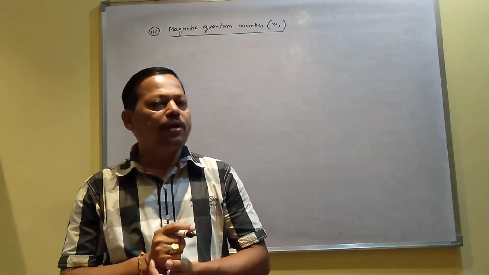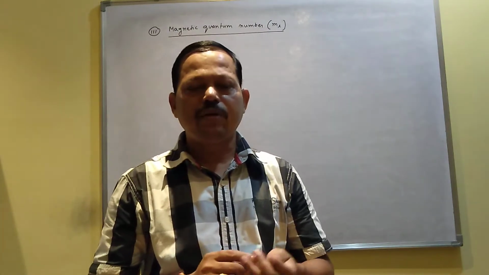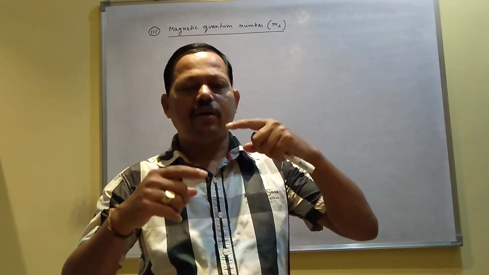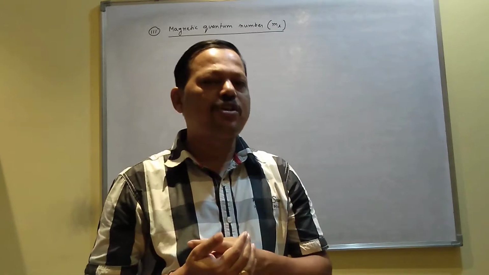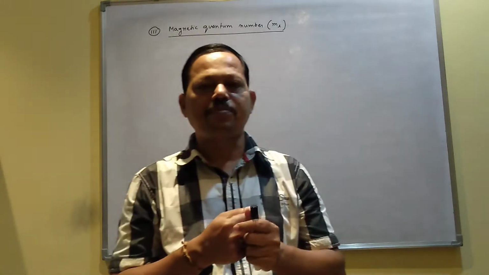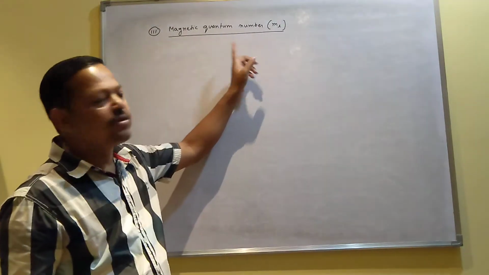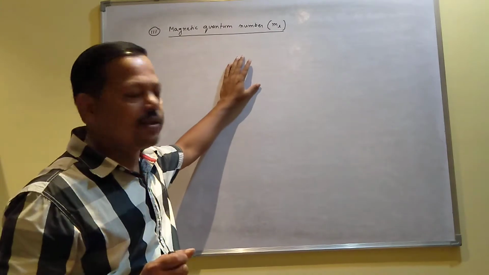When the electrons revolve around the nucleus, they move around a certain region of space, and that space is called an orbital. I mean, inside the subshell some orbitals are present. So this quantum number represents the orbitals.